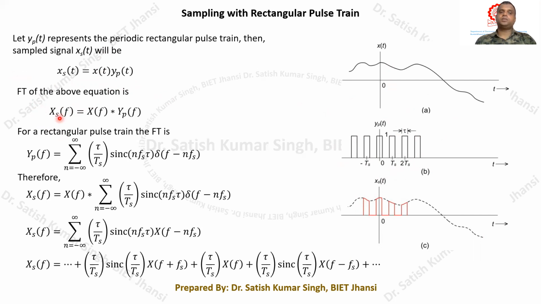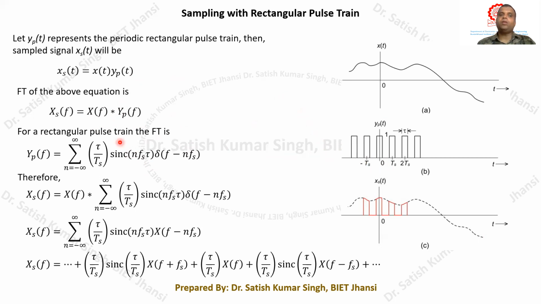This Fourier transform is going to give you Xs(f) equals X(f) convolved with the Fourier transform of this pulse train, that will be Y(f). Again I request all the students, please go through the signals and systems books and try to find out what will be the Fourier transform of a rectangular pulse train. You will find the solution for it. I am directly using the results here in our discussion.